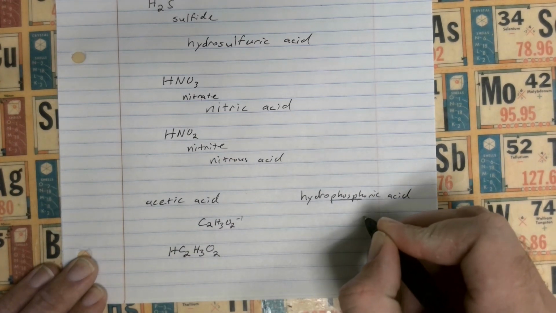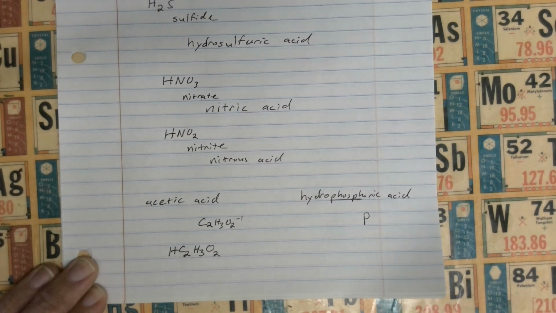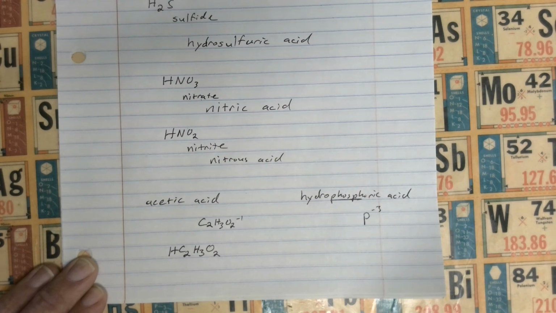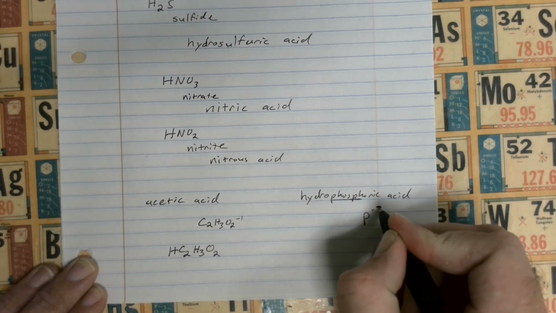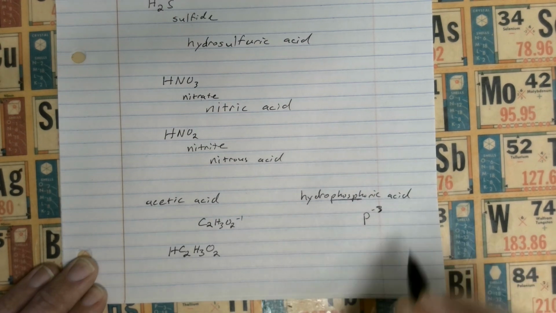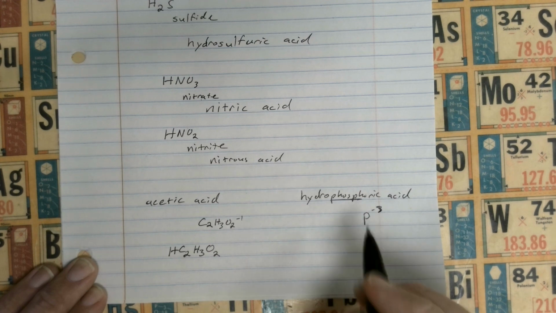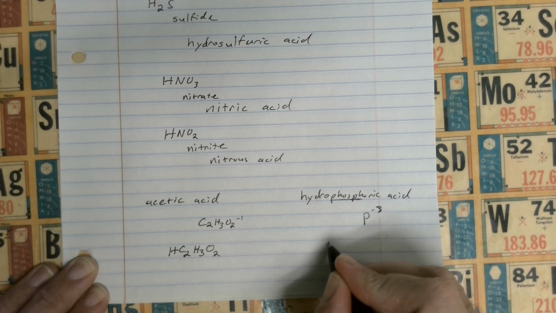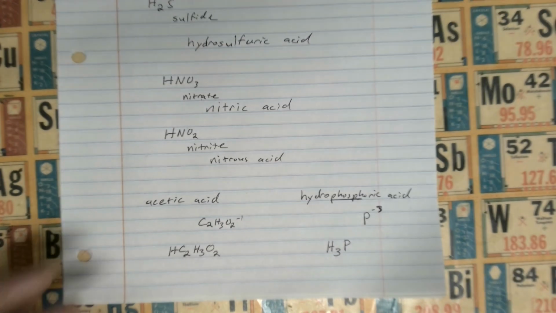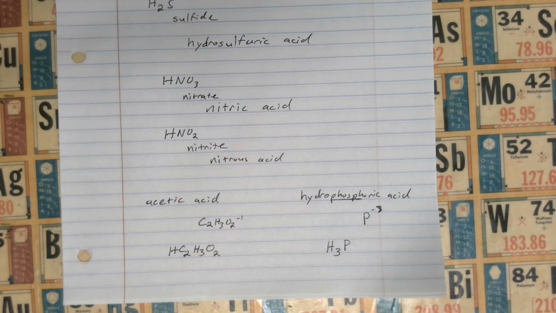Phosphide is just the element by itself, and its charge, since it's in group 15, is -3. When I'm writing the formula, I put H in front, and the number of H's corresponds to the charge. If this is -3, I need 3 H's to balance out that charge. So it will be H3P. And that is how you do naming and writing formulas for acids.